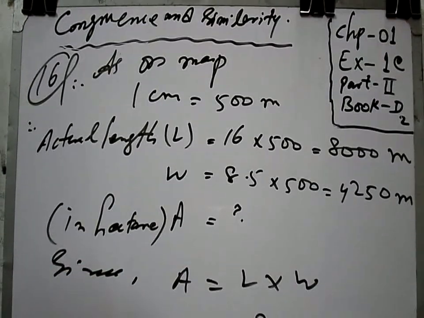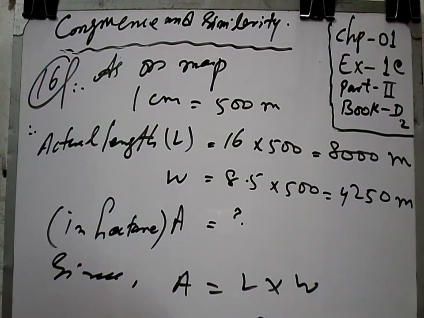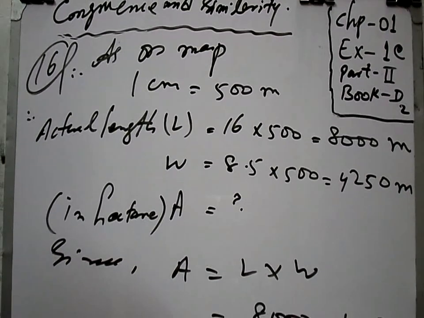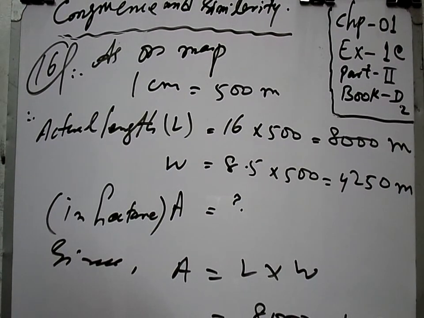Now coming to question number 17. Read the statement: given that 1 centimeter on a map represents 2 kilometers on the ground, calculate the area of a park on the map if the actual area of the park is 10 kilometers square.